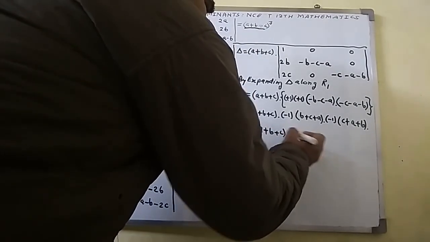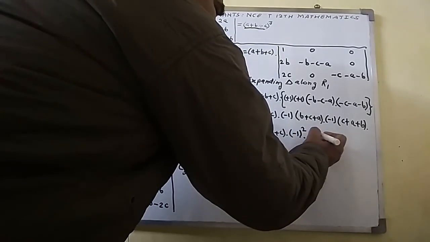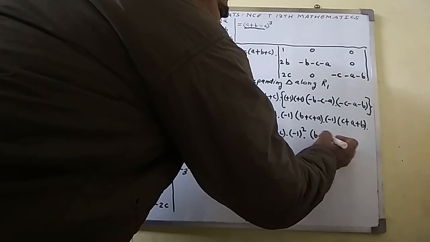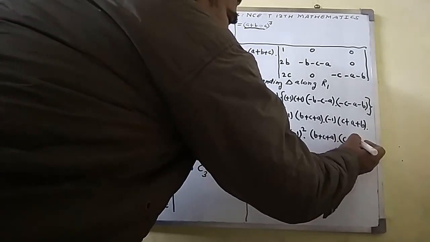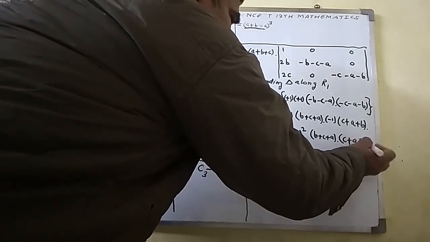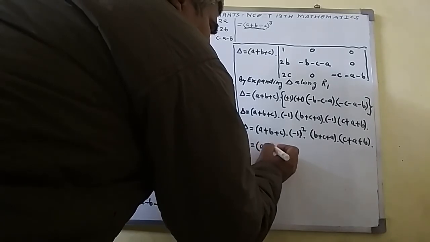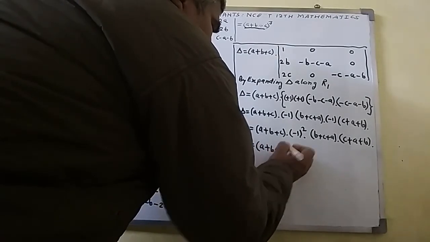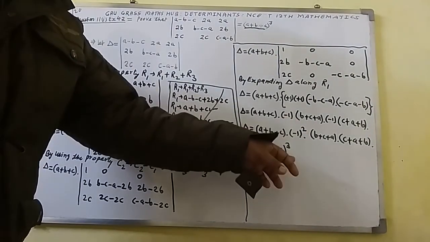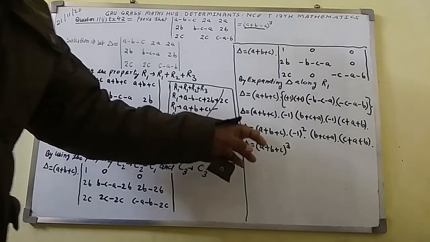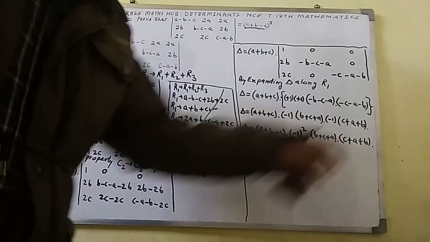Dot, and here minus 1 whole square dot B plus C plus A will get, and again C plus A plus B will get. This thing will get. Here you can easily write A plus B plus C whole cube, because minus 1 whole square gives here 1 only, and this one A plus B plus C, A plus B plus C, A plus B plus C, you will get this one.